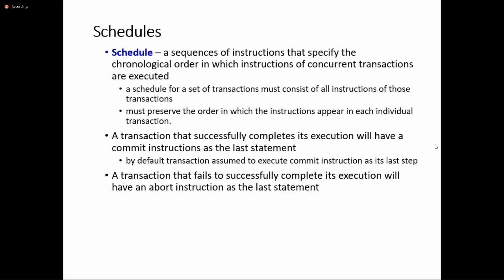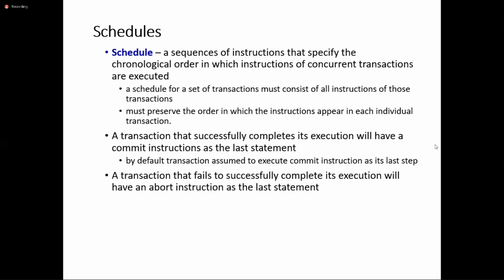By default, a transaction is assumed to execute a commit instruction as its last step. If errors happen, you roll back the transaction; those are the two possibilities. If you successfully execute the whole set of statements, the last statement is the commit.